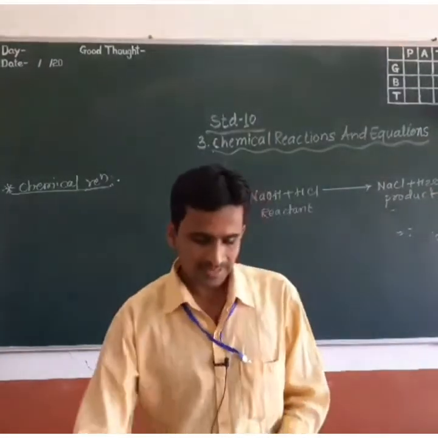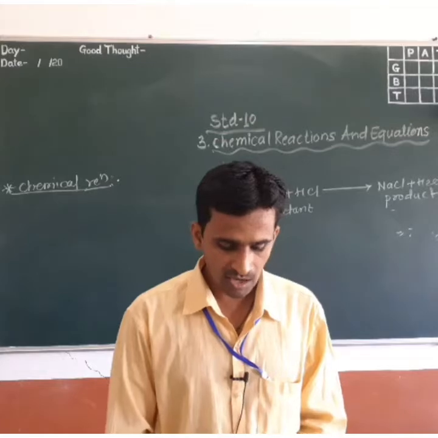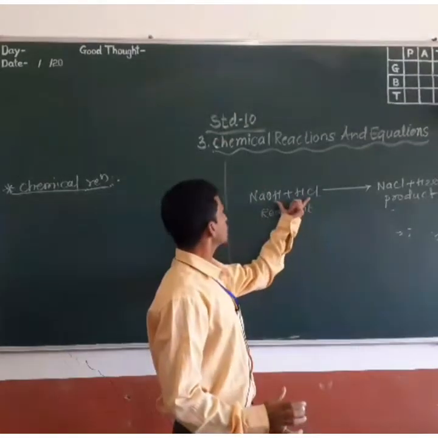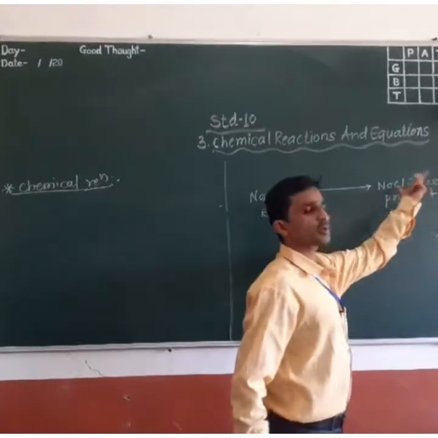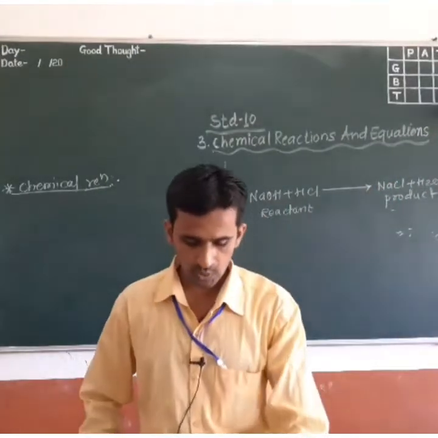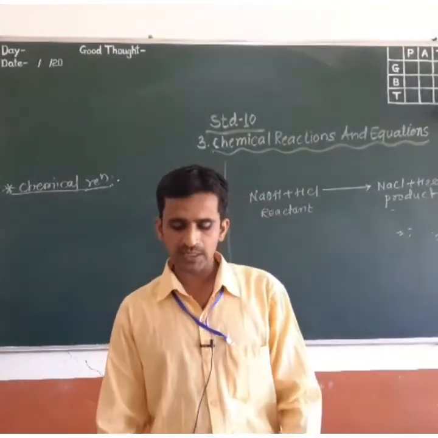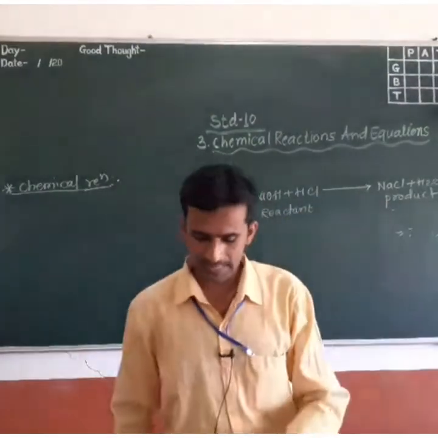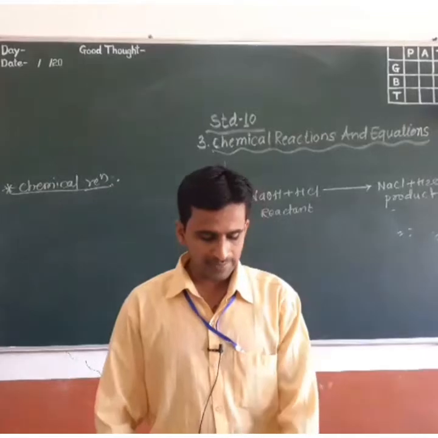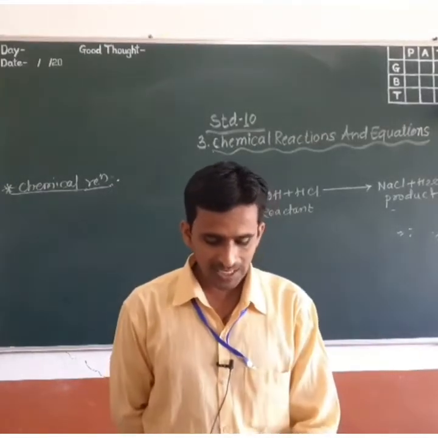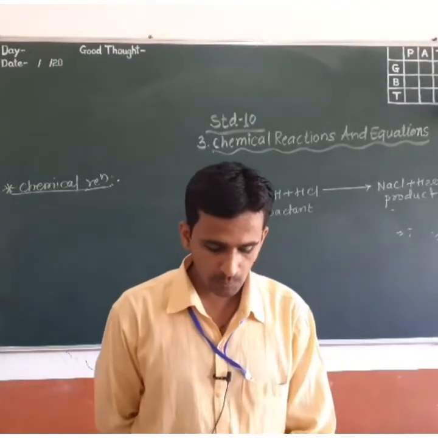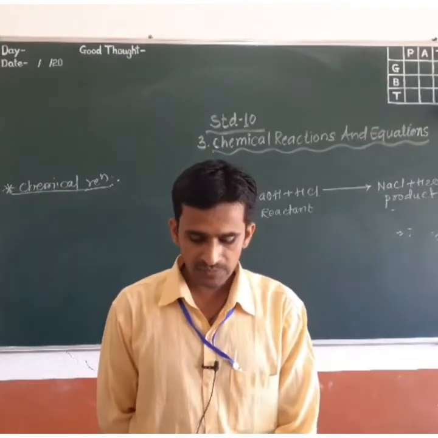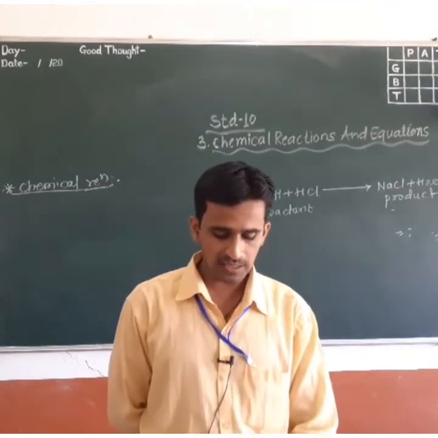Next one, if there are two or more reactants or two or more products, they are linked with a plus sign between them. To make a chemical equation more informative, the physical state of the reactants and products is indicated in the equation.